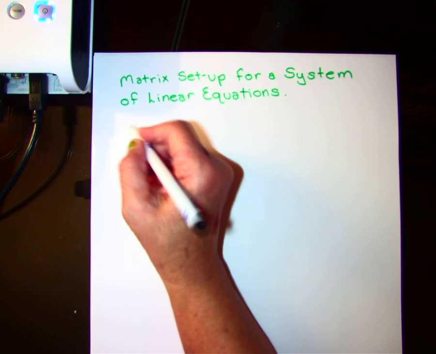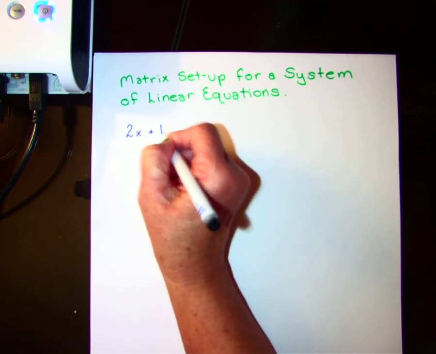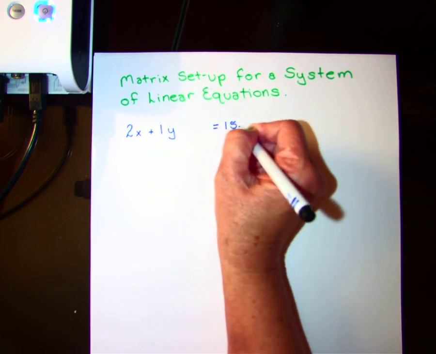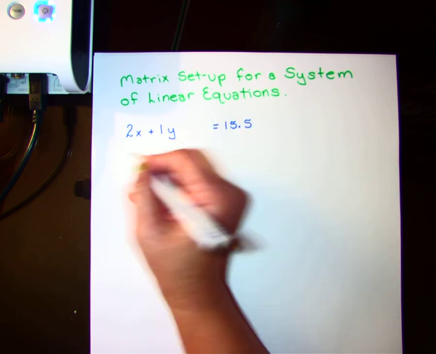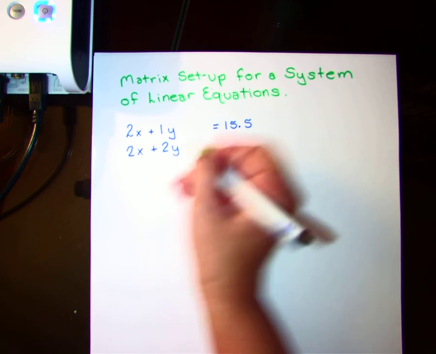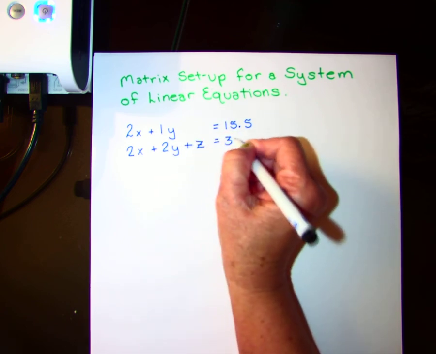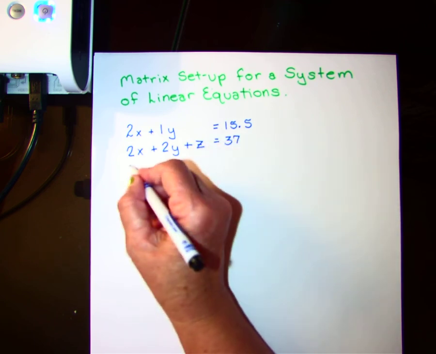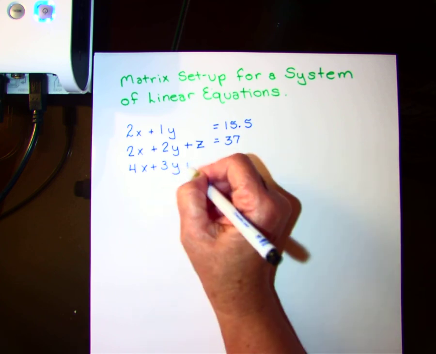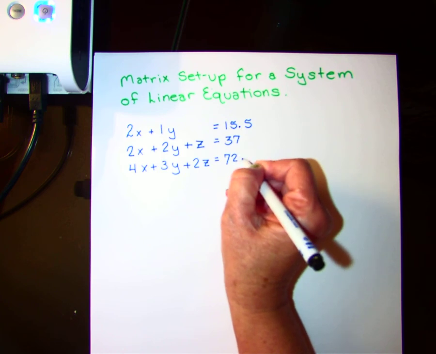So if I have the equation 2x plus 1y equals 15.5, and I have the equation 2x plus 2y plus z equals 37, and I have the equation 4x plus 3y plus 2z equals 72.5.